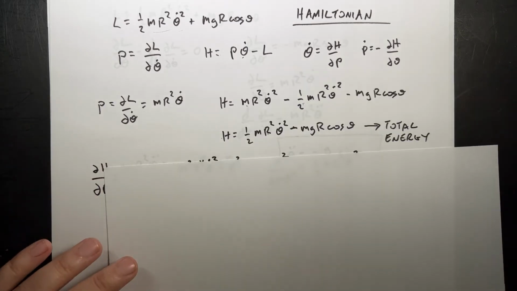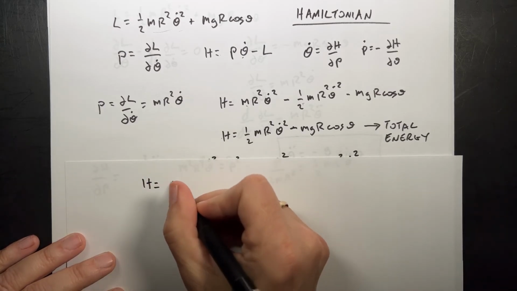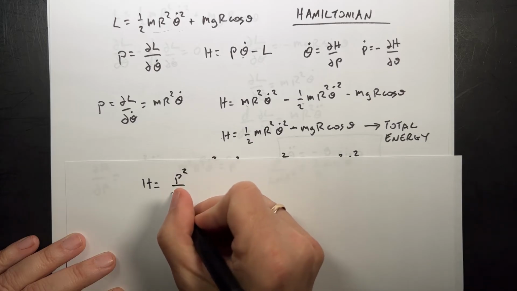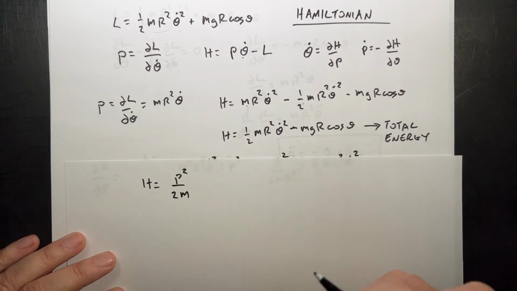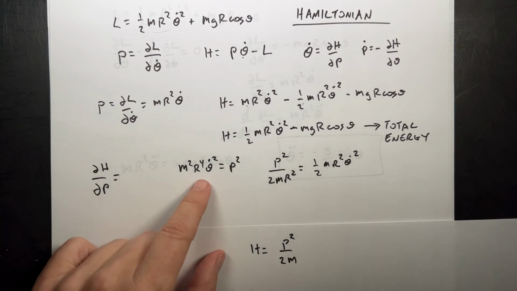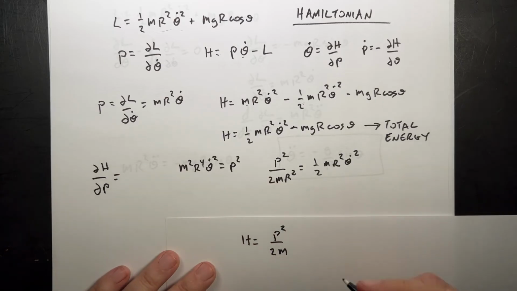I feel crunched for room, so let's write down the Hamiltonian. H is p squared over 2mr squared. Was that right?